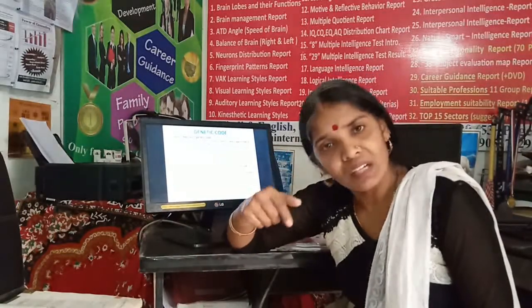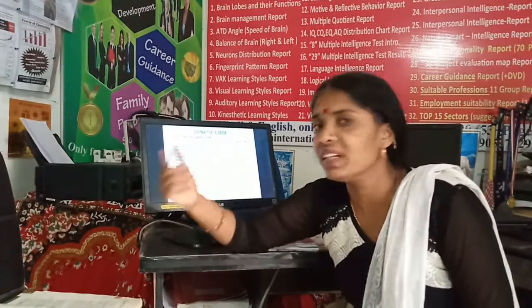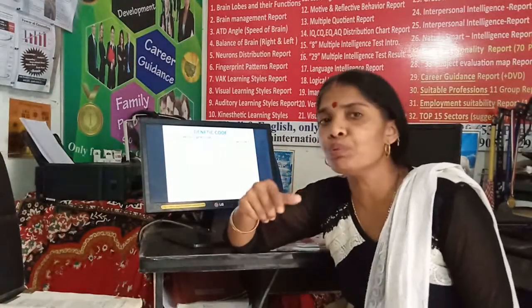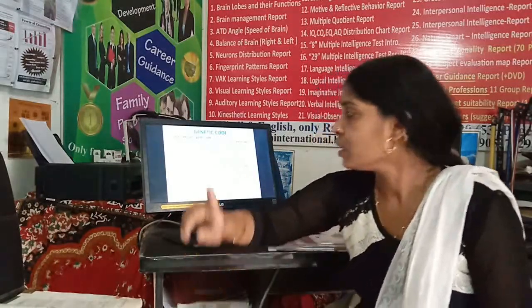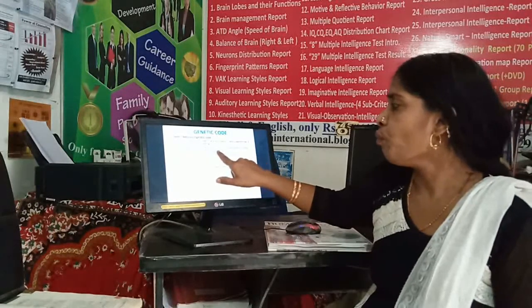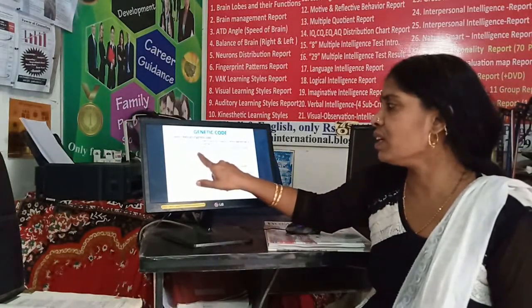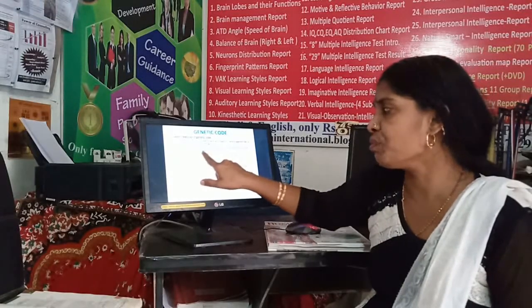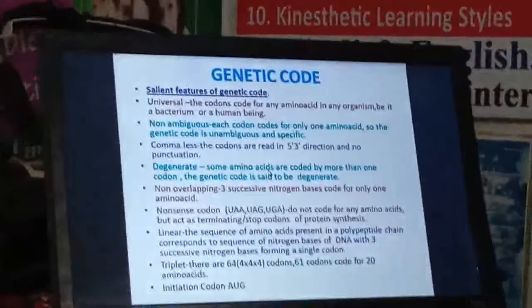For example, again UUU codes for phenylalanine. Then this UUU will not code for any other amino acid, right? So this means it is non-ambiguous. Each codon codes for only one amino acid. So the genetic code is unambiguous and specific. This is also called unambiguous or specific for that particular amino acid.